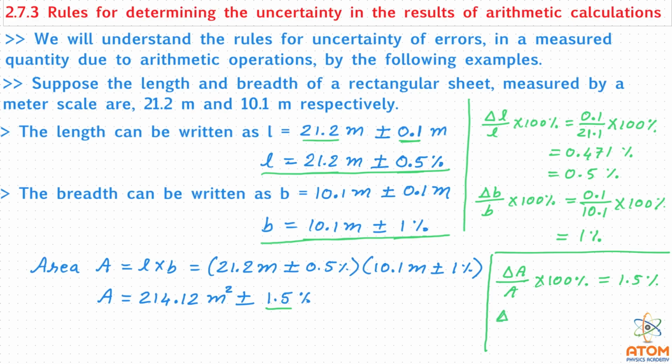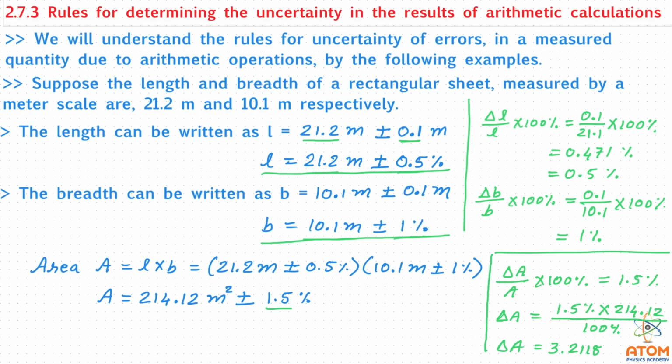So from that, the absolute error in area, delta A, can be found by 1.5% multiplied by A, but A is 214.12, and divide by 100%. So delta A is equal to 3.2118. That is the absolute error in area.